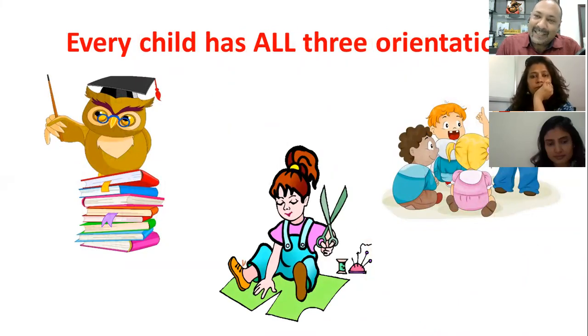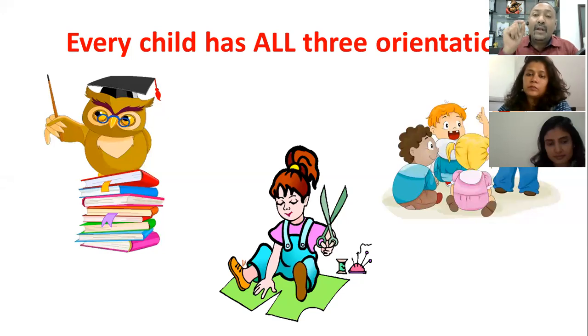Now, the best part is, all these three orientations are there in every child. If you've listened to my last 3-minute talk carefully, I'm sure each child would be in a position to understand what your highest orientation is, which orientation you are moderate on, and which orientation you are low at. There are children who could be good or at an equivalent level in two orientations, and the third orientation could be higher or lower than that.